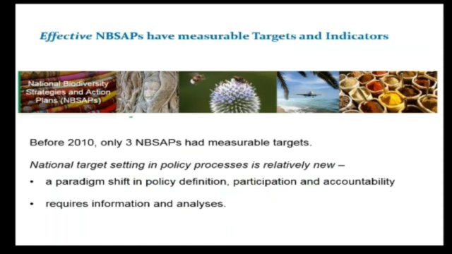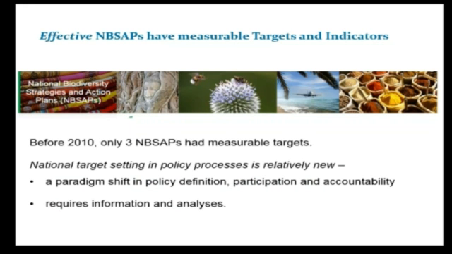And a key part of effective NBSAPs is that they have measurable targets and indicators. Before 2010, in the previous generation of NBSAPs, one study found that only 3 of them had specific and measurable targets included in them. So now the new generation of NBSAPs are a whole step change forward in having targets that are measurable.